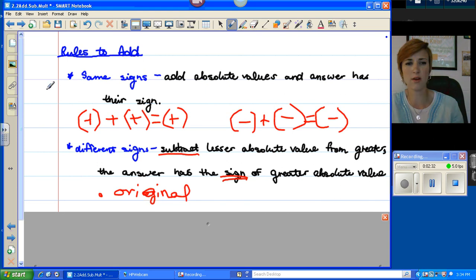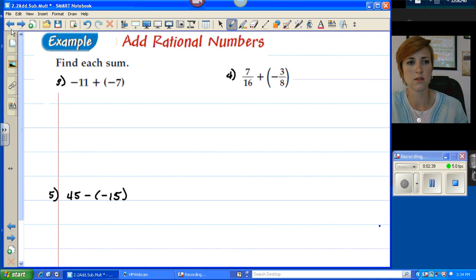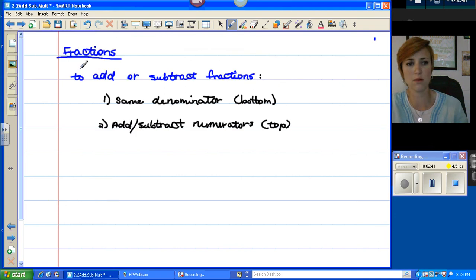And because we are talking about rational numbers, it's not all going to be whole numbers and integers. We're going to have some fractions today. So when we deal with fractions, to add or subtract fractions, we have to get a common denominator. So we have to get the same denominator and then add or subtract the numerators, the top numbers.